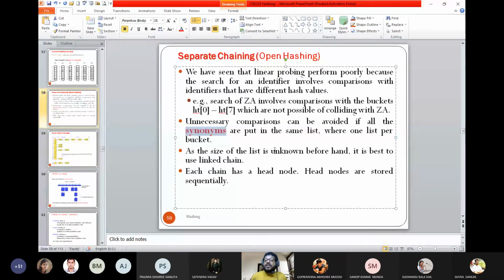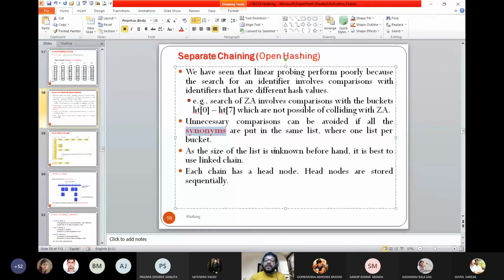They are put in one list per bucket, and as the size of the list is unknown in advance, because when students are joining with a coding scheme, you cannot predict that the keys you transform with the hash function will generate the same address.